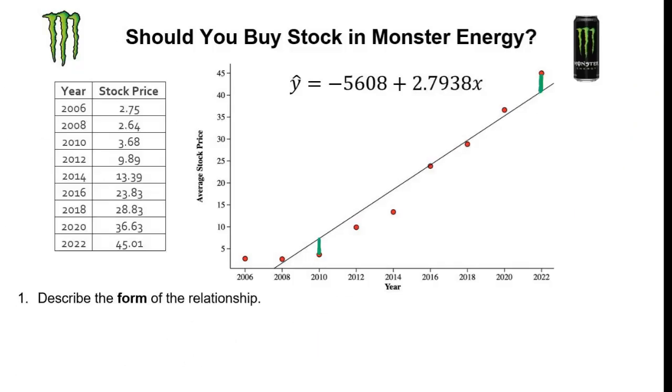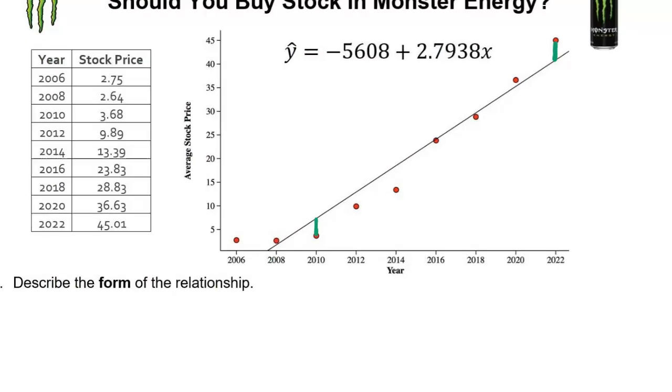What kind of number did we get for 2010 for the residual? A positive or a negative? Negative. How could I tell by looking at the graph that we were going to get a negative residual? It's below the line. And for 2022? Positive, it's above the line. So anywhere that I have a point that's above the line, I would expect a positive residual. Anywhere that's below the line is going to have a negative residual.